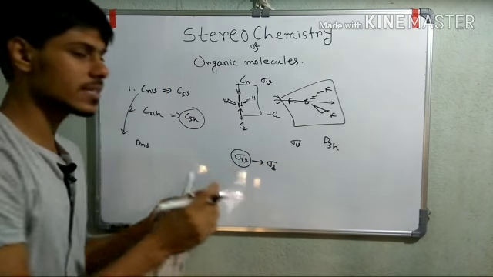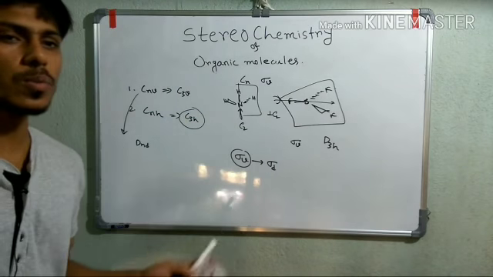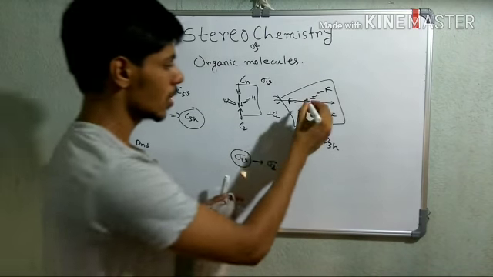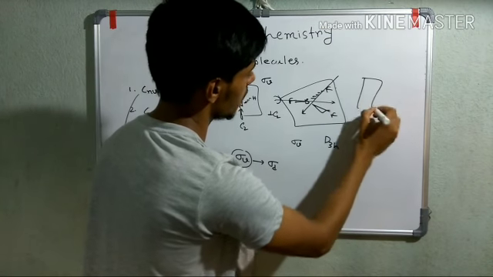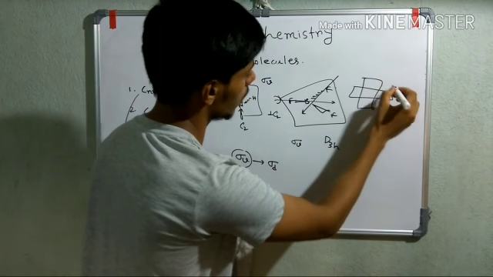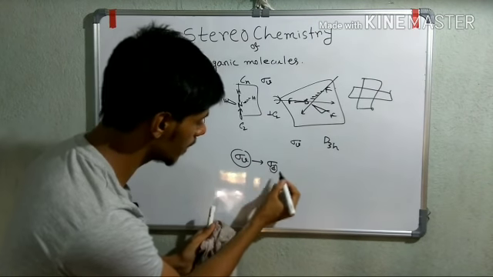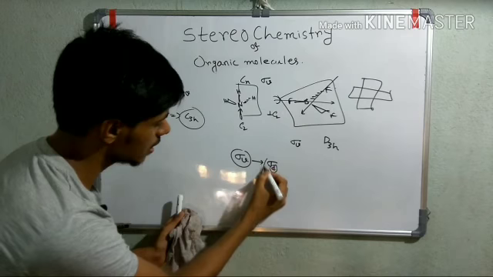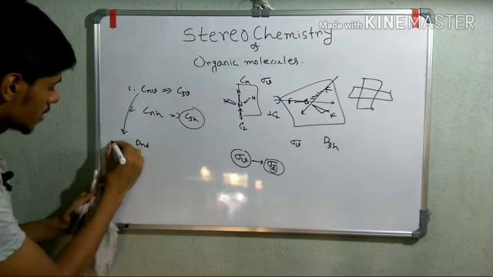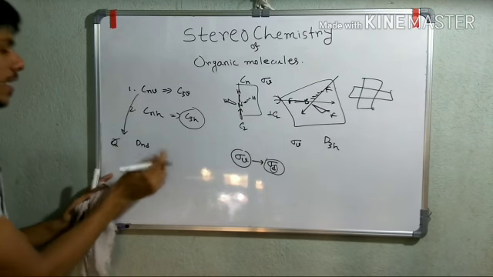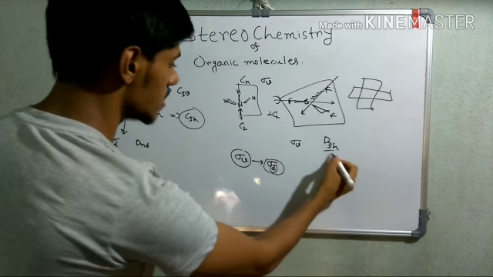Sigma v means sigma vertical, but the presence of C2 means you have a dihedral angle. So the planes present in your molecule form a dihedral angle, and that's why it is called sigma d and not sigma v. So your point group will change from Cnv to Dnd, right? In this case, as sigma h is present, this is Dnh.